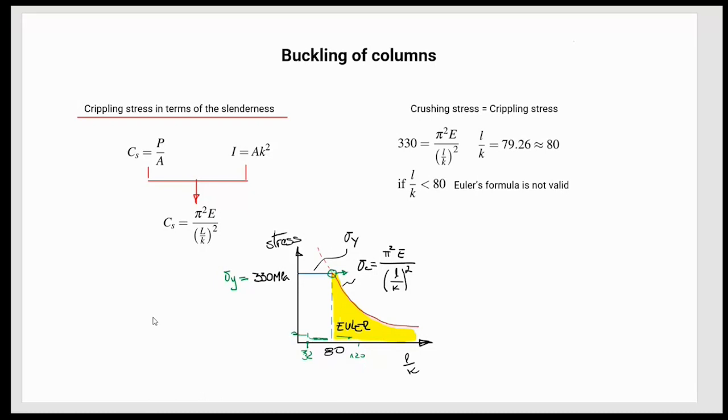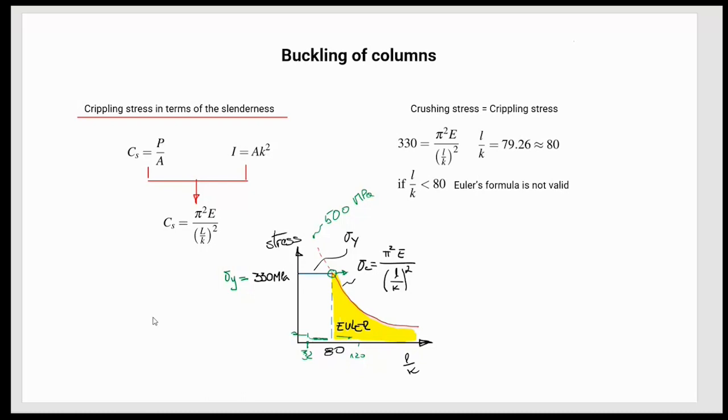Because you cannot use Euler all the way to here, since according to Euler this column would have a crippling load of 500 megapascals. But the material is only 330 megapascals, so it's going to fail by yielding. So Euler is not valid in this region.